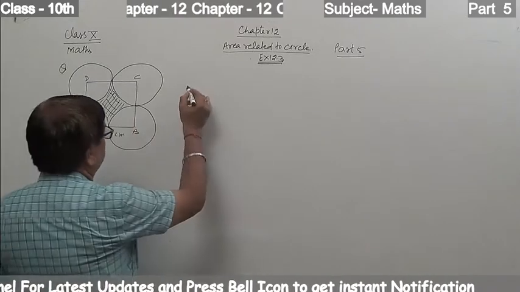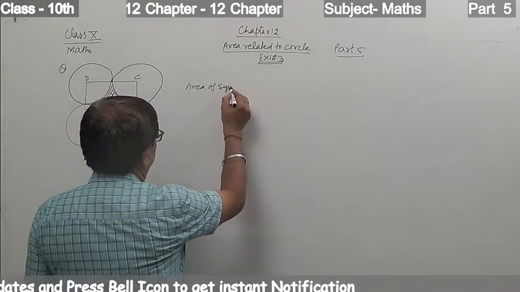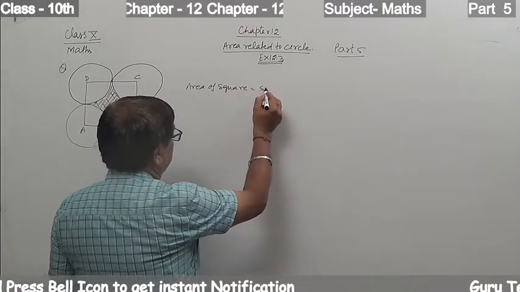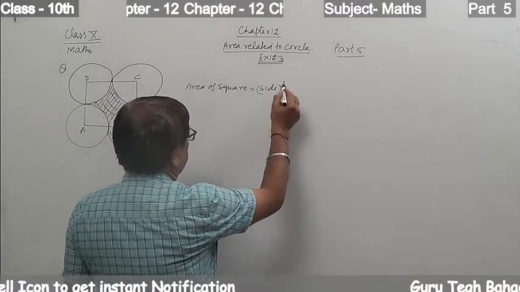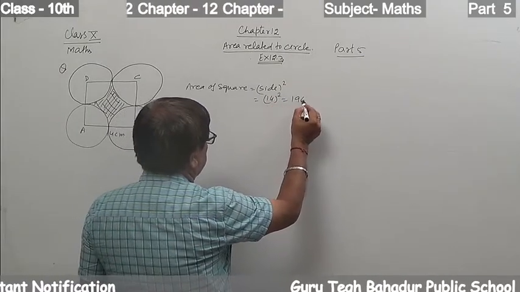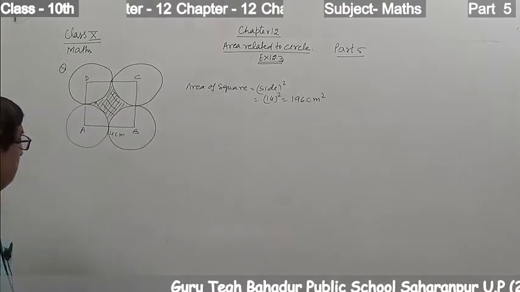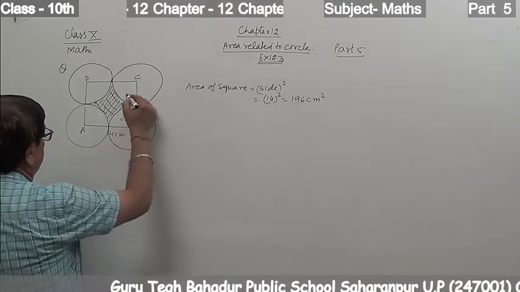So area of square is side square, that is equal to 14 square, 196 centimeter square. So there are 4 sectors.